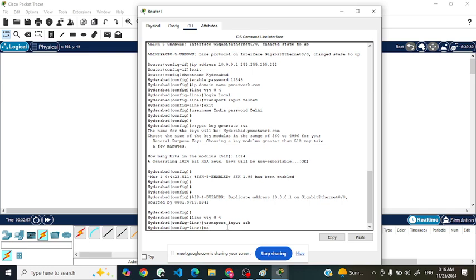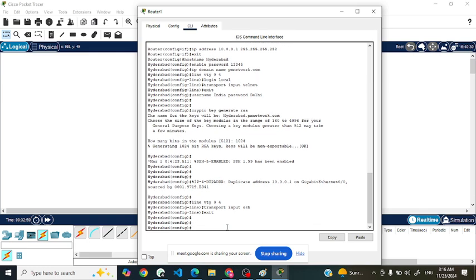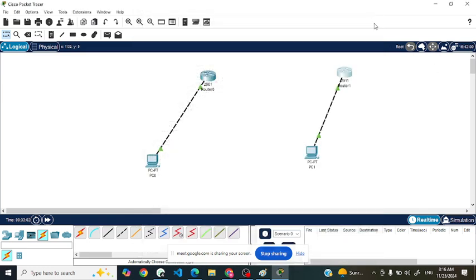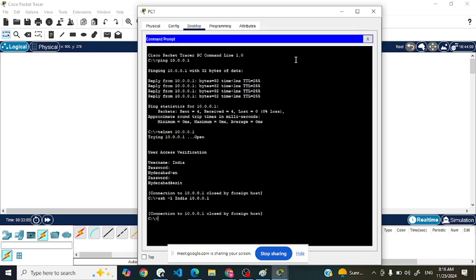Let me do it so that you can understand practically. So here I am trying to telnet access. Are you seeing it?